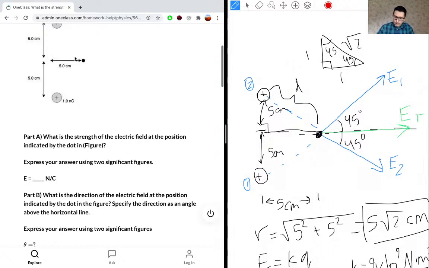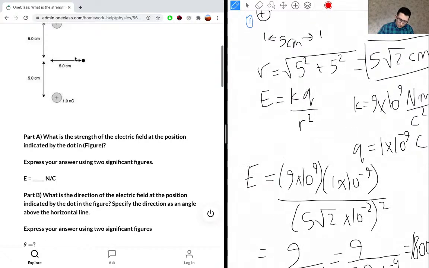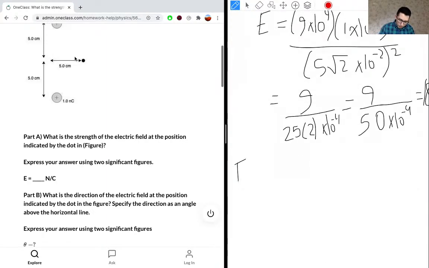And now we know that the y component of E1, E2 cancel each other out because the y component over here is going upward, the y component is going downward, and these E1, E2 are equivalent based on symmetry. We only need to find the x component of E1 and the x component of E2. So this direction. So we'll use cos to evaluate. So E total in our diagram is E1 plus E2.